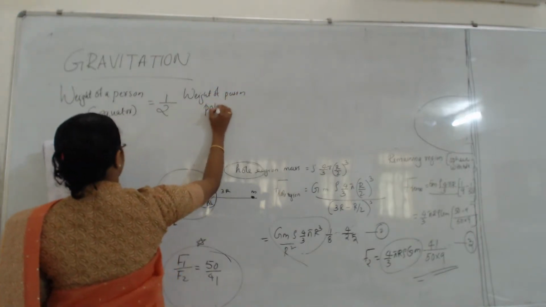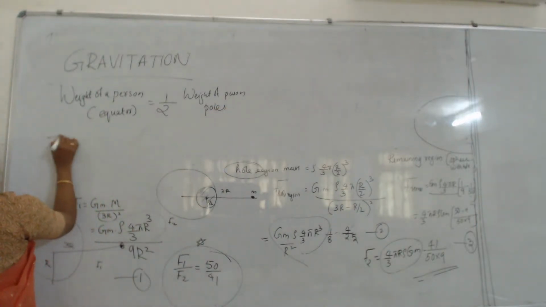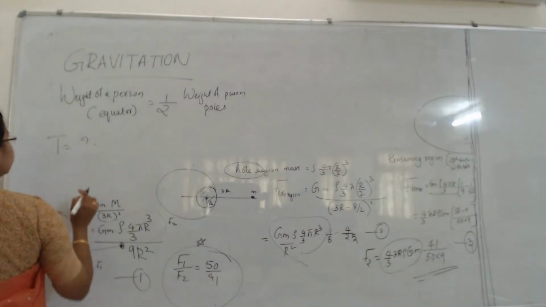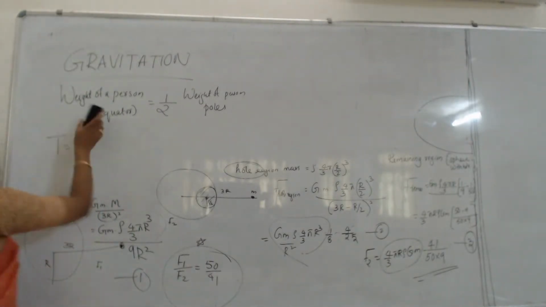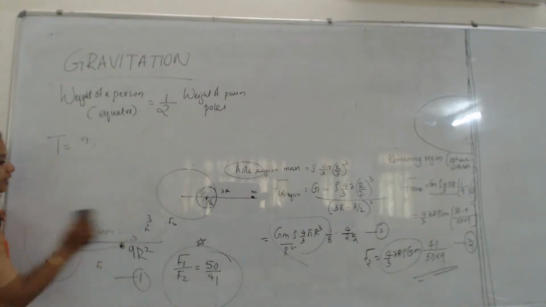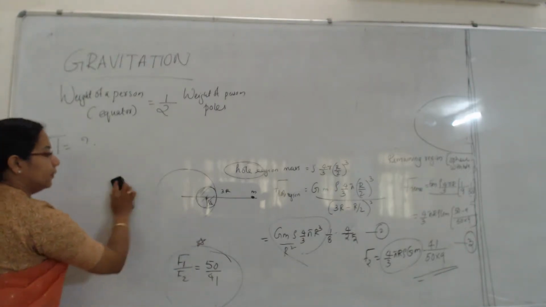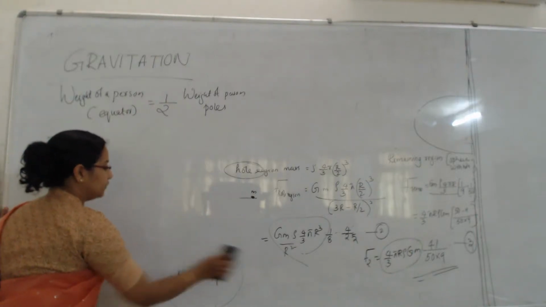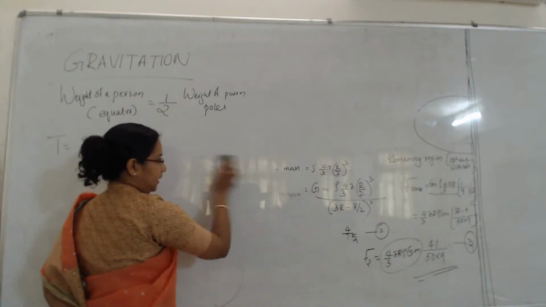I just shortened the question. We should find what is the time period of rotation of the Earth. You can write the question like this only, no problem: the weight of the person at equator is equal to half of the weight of the person near the poles. Then what is the time period?